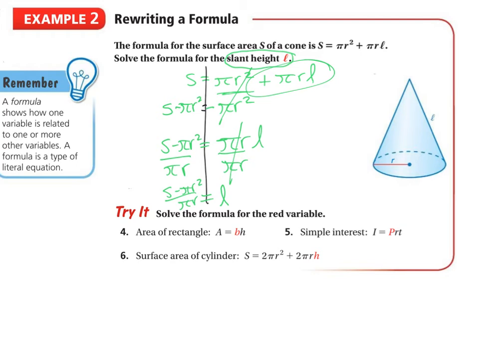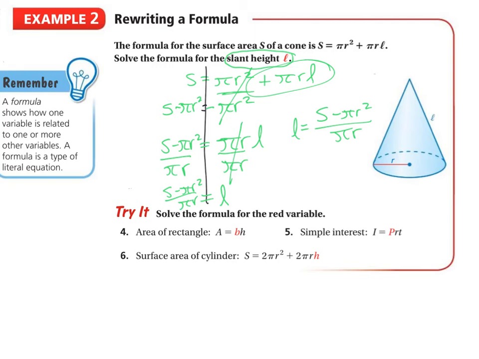And now let's do that a little neater. So our answer is L is equal to (S minus πr²) over πr.